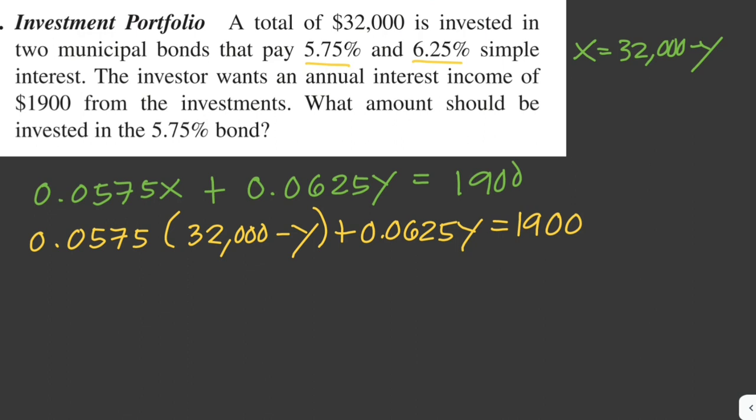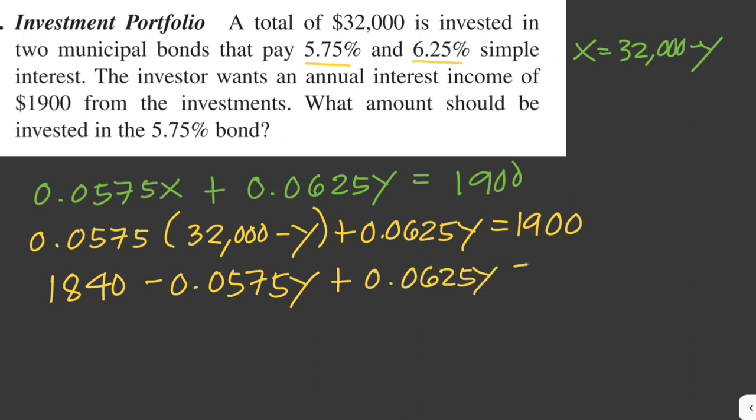So this is just 1,840, which is 0.0575 times 32,000, then minus 0.0575y plus 0.0625y equals 1,900. And then we just group like terms.